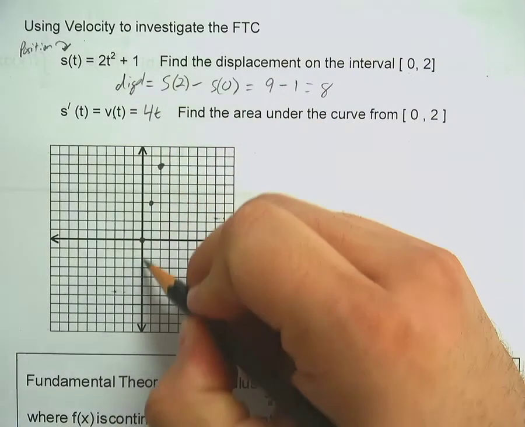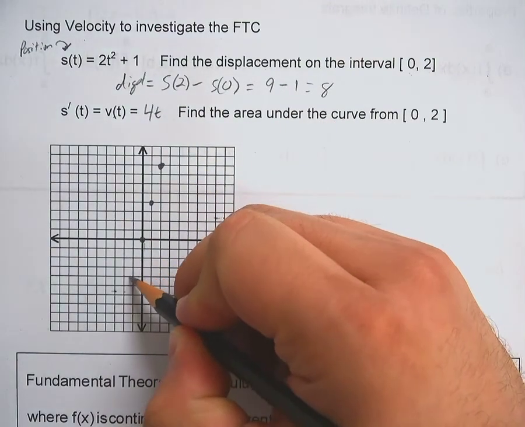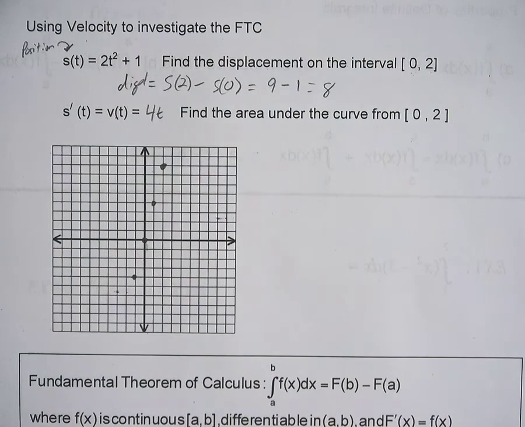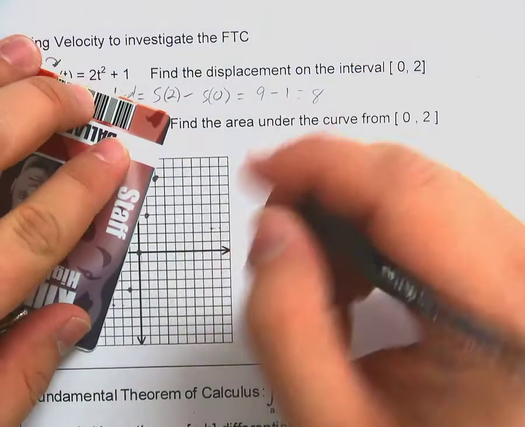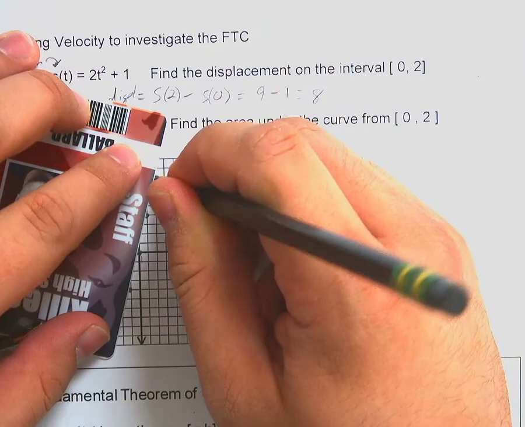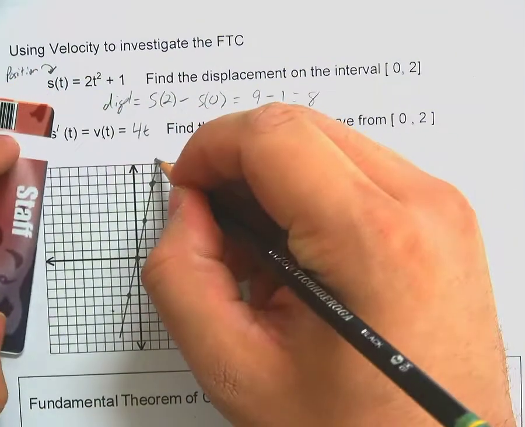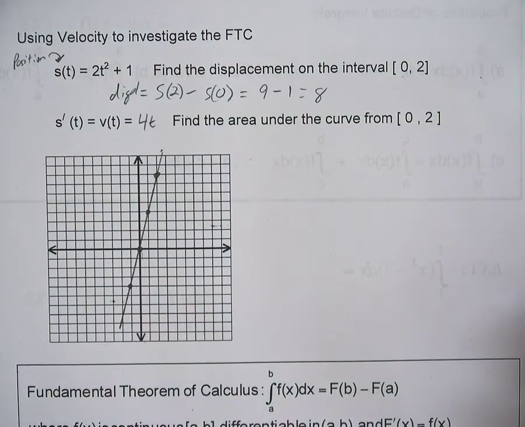Yep, got it. Down 4 over 1 as well. So what they're asking me to do here is just simply come up with the graph for 4t. So far, this is the only way we know how to do this. And come up with the area from 0 to 2.